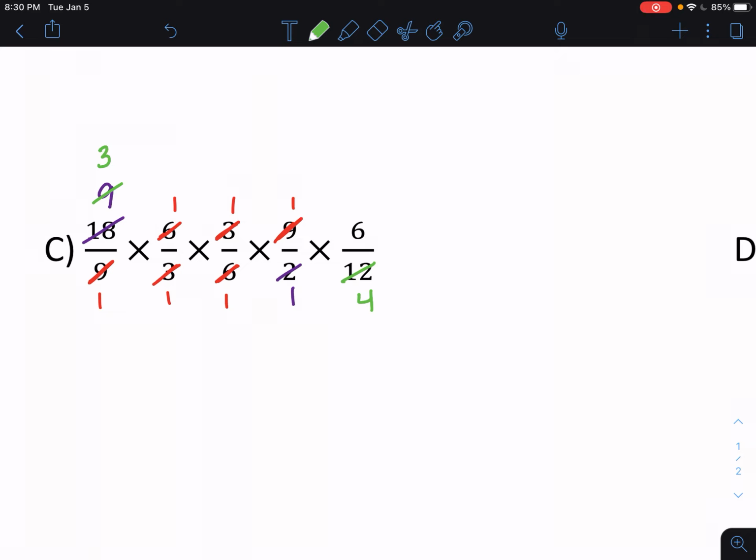So 6 and 4 have a 2 in common. So I'm going to do 6 divided by 2 is 3, and 4 divided by 2 is 2. And then I've got all my values that are completely simplified as much as they can be.